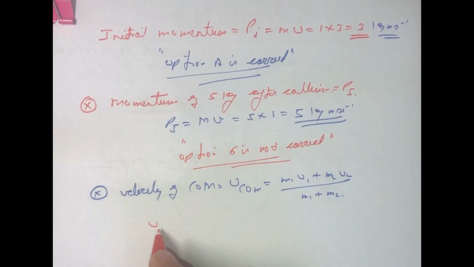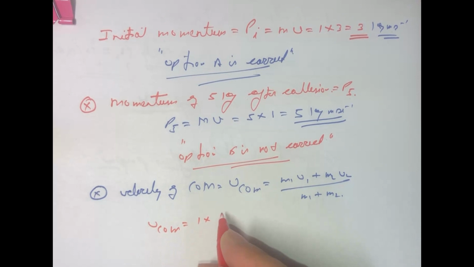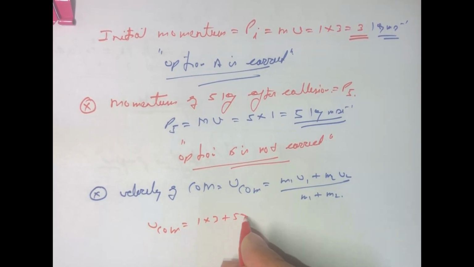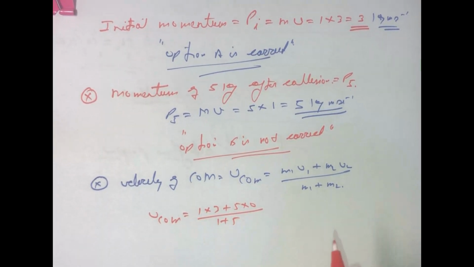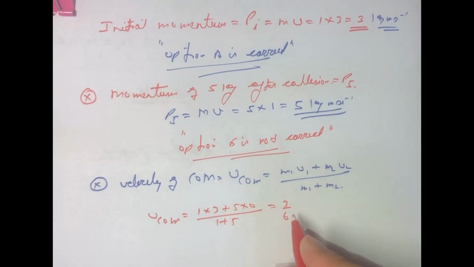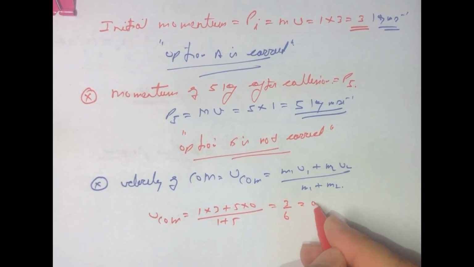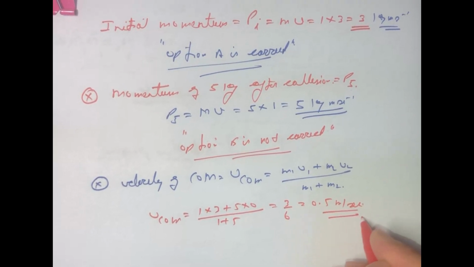So VCOM is equal to (1 into 3 plus 5 into 0) divided by (1 plus 5), which comes as 3 by 6, or 0.5 meter per second.